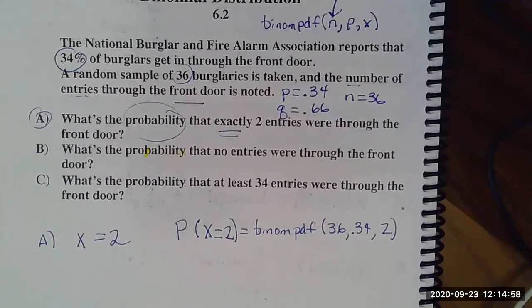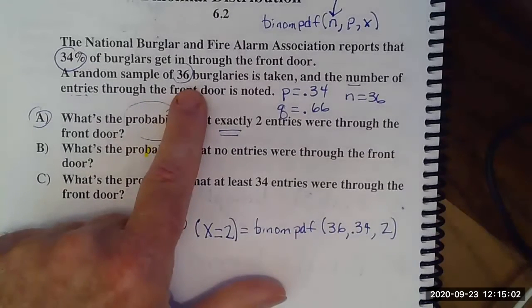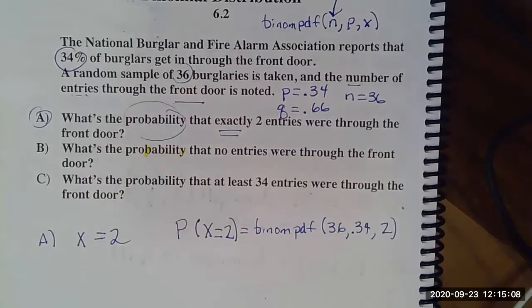So if you say, gosh, 34% of the 36 is about 9 of them, 8 of them, not 2. So I would think that's not likely. Just exactly 2 is low probability, low to me.